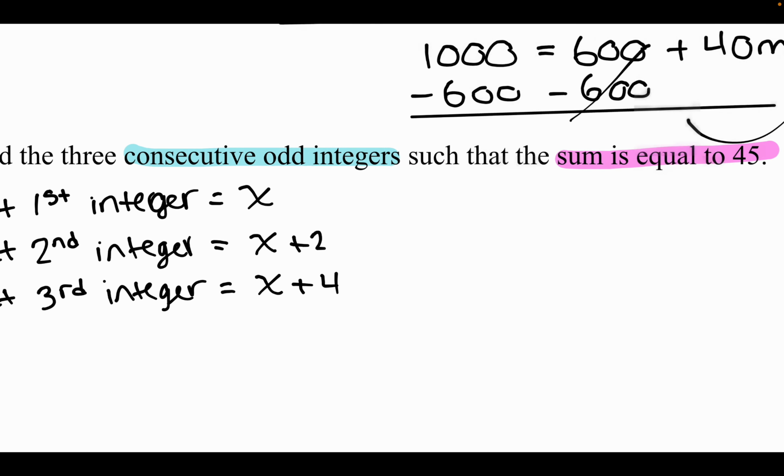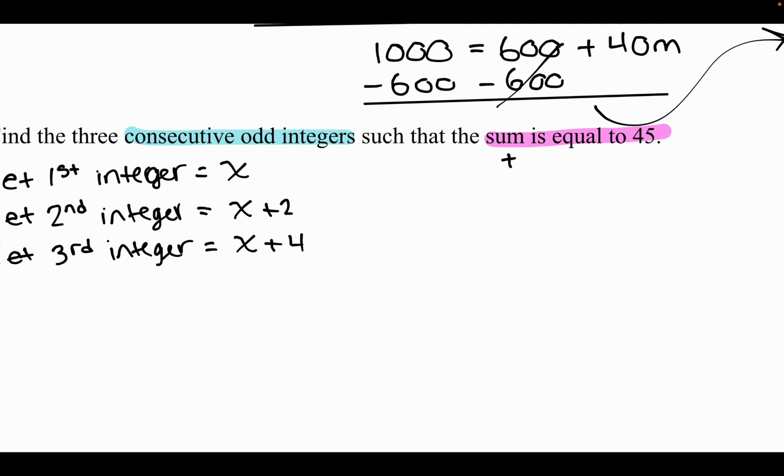So you have to know that sum means to add. So you would add all of those together. So x plus x plus 2 plus x plus 4 is equal to 45.